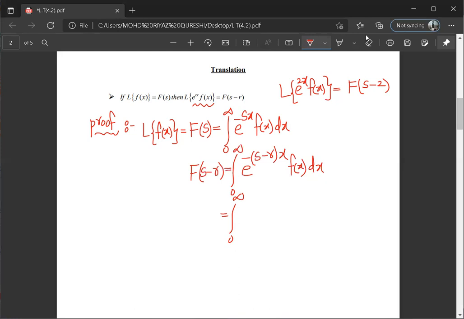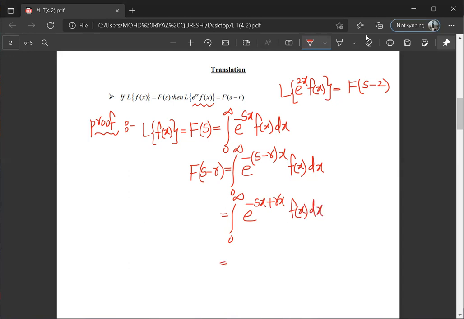We can multiply it out. Multiplying gives powers of minus sx, and minus into minus gives plus rx, times f of x dx, correct?